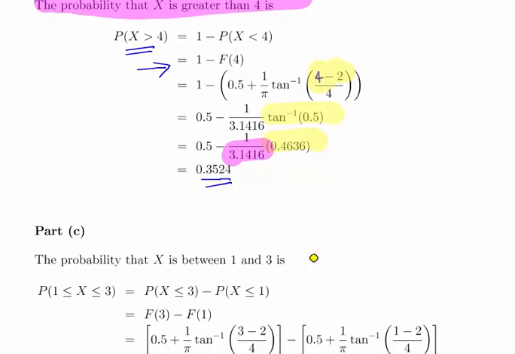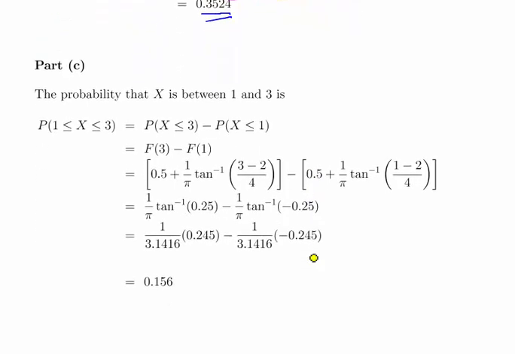And finally, what's the probability of x being between 1 and 3? Very simple: we can evaluate that as f of 3 minus f of 1. Putting in those values again, the 0.5's cancel out, so we don't have to worry about that.